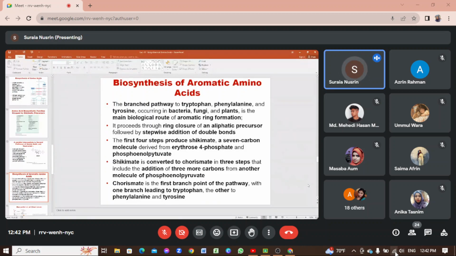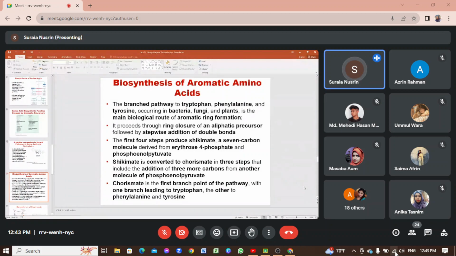The simple precursors in this pathway are erythrose 4-phosphate, the 4-carbon sugar, and phosphoenol pyruvate. Erythrose 4-phosphate has 4 carbons and phosphoenol pyruvate has 3 carbons.